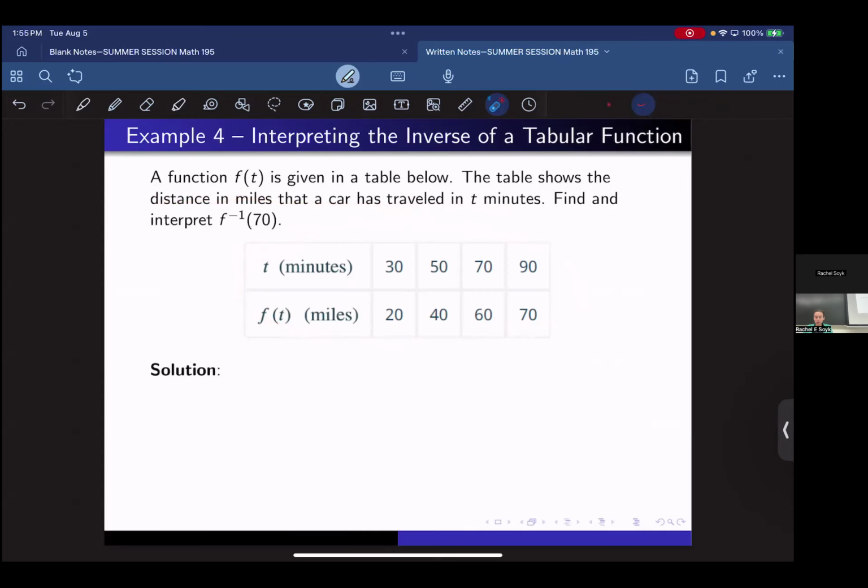And we want to find and interpret f inverse of 70. So if we're dealing with the inverse function, just remember your x and y values are flipped. So instead of looking for 70 under t minutes, we want to look for 70 under our miles. So it's really that last column that we're honing in on.